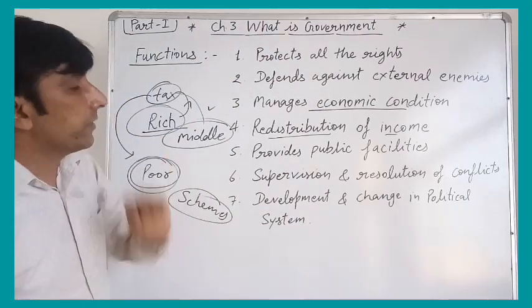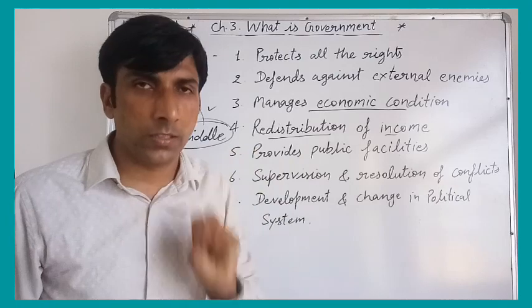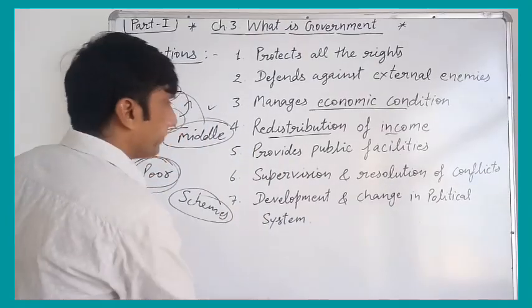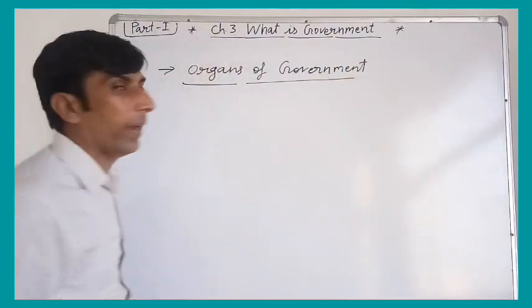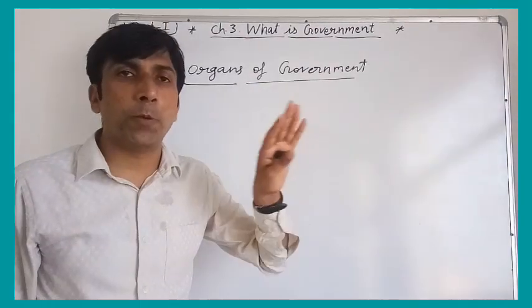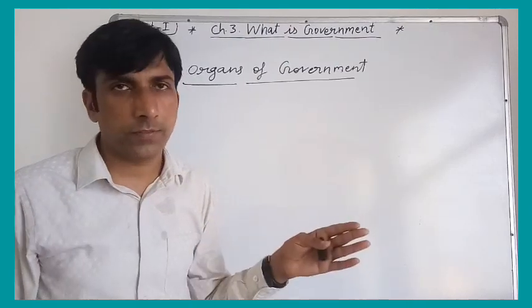All these functions are done by the government with the help of some organs. So now we'll discuss what are the organs of the government. The topic is organs of government. Organs means the parts of government. With the help of those organs, government does all the functions. Clear?